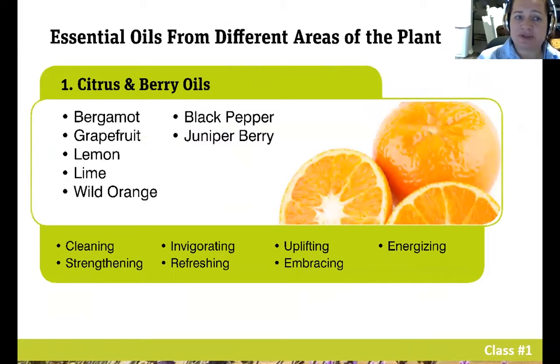So let's start with citrus and berry oils. For those, we have bergamot, grapefruit, lemon, lime, wild orange, black pepper, and juniper berry. Those oils are categorized by cleansing, strengthening, invigorating, refreshing, uplifting, embracing, and energizing. So let's highlight one of those oils and talk about bergamot.